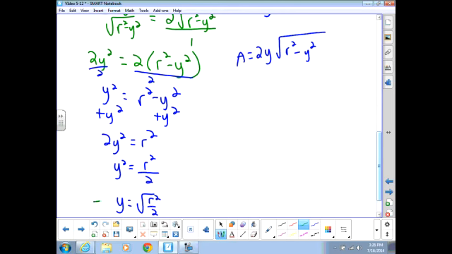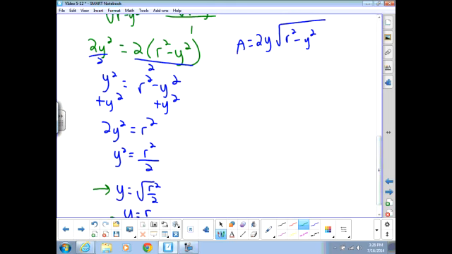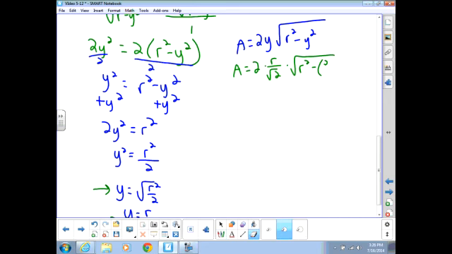We knew that y, the neat version, was r over square root of 2, so we'll plug that in. We'll have the area is equal to 2 times r over the square root of 2 times the square root of r squared minus r over the square root of 2 squared.